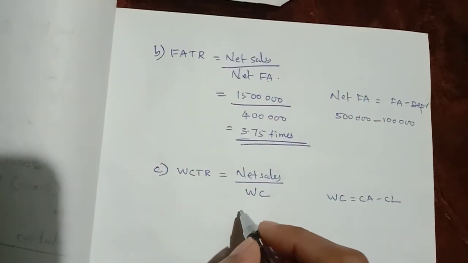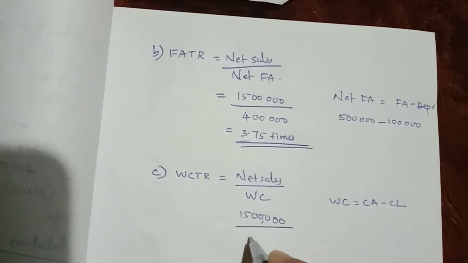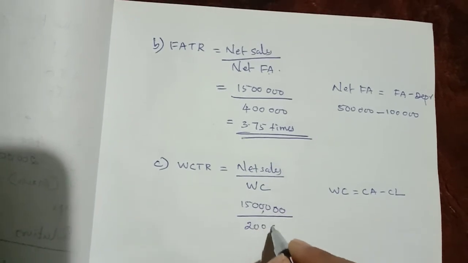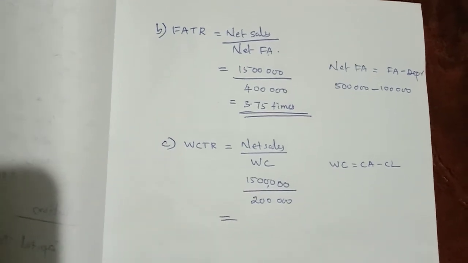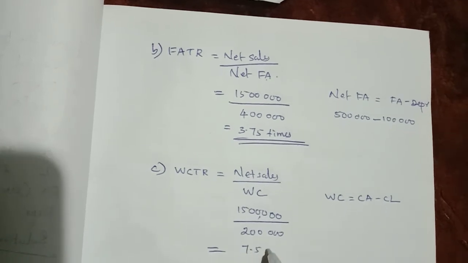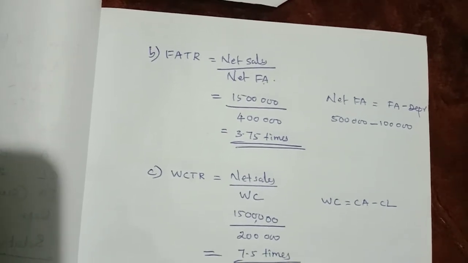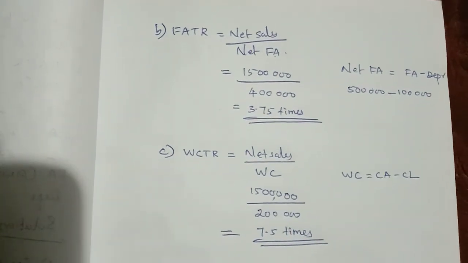So here net sales rupees 15 lakhs divided by working capital 2 lakhs will give you the working capital turnover ratio, which is equal to 7.5 times. Okay, so that's all about the question.